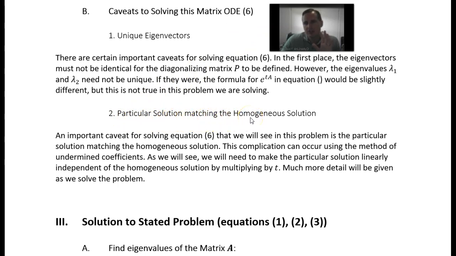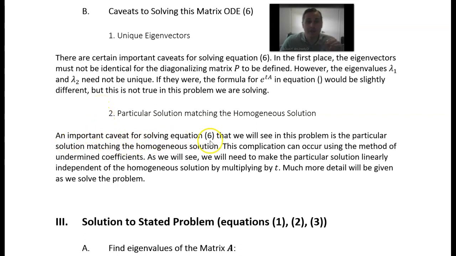Another important caveat is, what about the particular solution? If the particular solution matches the homogeneous solution in some way, then we will get something erroneous, like a vector that is 0, which would cause the trivial solution to the particular solution that we're looking for, or a singular matrix which has no solution, something like that.